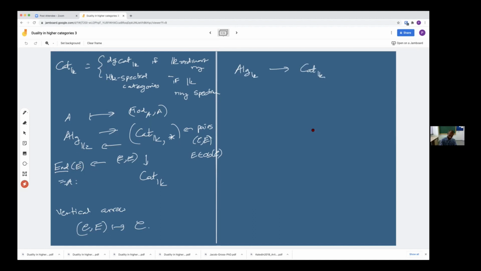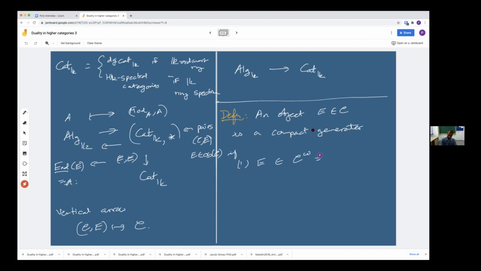Now here's a theorem, and I'll stop with that. So definition, first of all. An object E in C is a compact generator if one, E is a compact object.